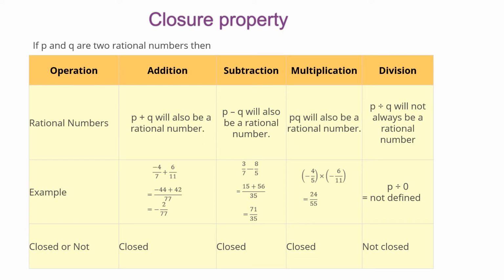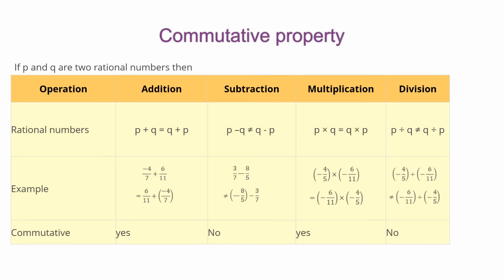Now we'll discuss our next property, the commutative property. What is the commutative property? It means if we add P to Q or we add Q to P, both will be the same. If we interchange the rational numbers and perform the operation and the result is the same, then yes, it satisfies the commutative property.